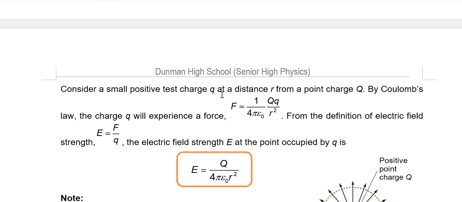You have a small positive test charge at a distance r from a point charge Q. By Coulomb's law, the small charge will experience a force of 1 over 4 pi epsilon naught times Qq over r squared. From the definition of electric field, E equals F over q. You take this divided by q, the q will cancel away. What you're left with is the electric field is Q over 4 pi epsilon naught r squared.